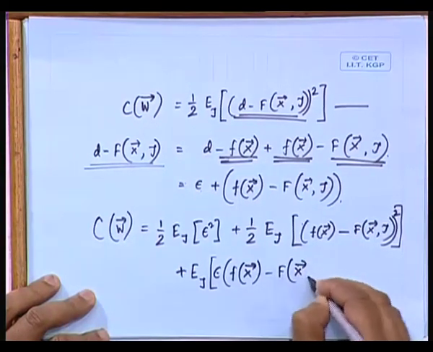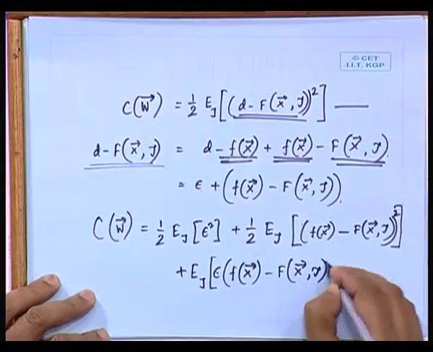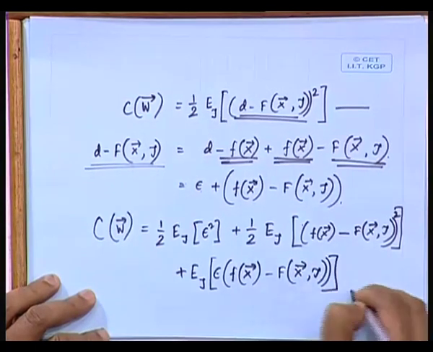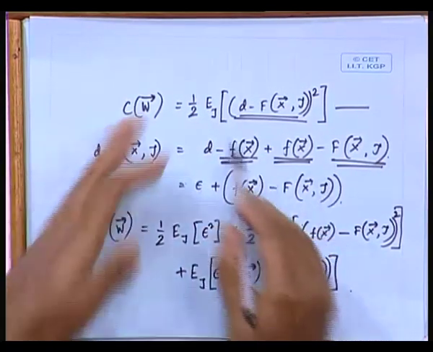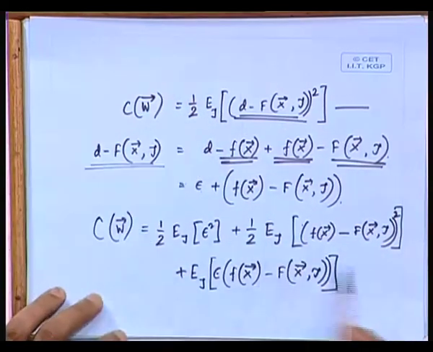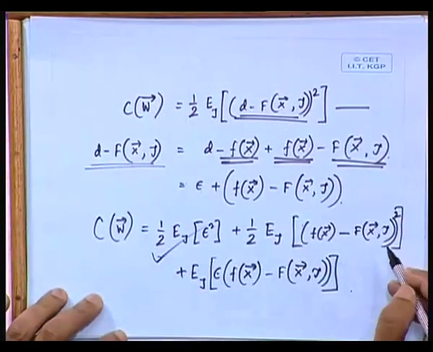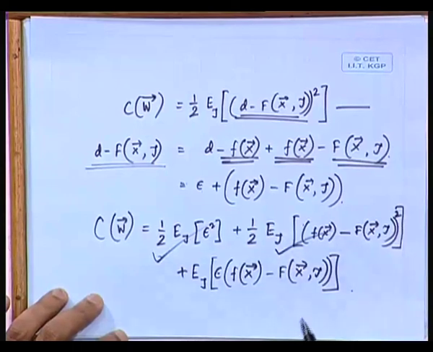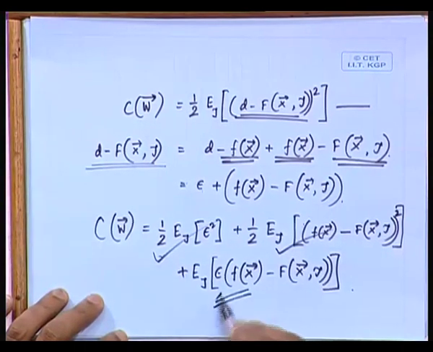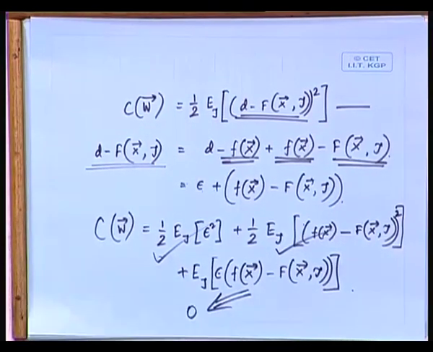This is the expansion that we are getting. This one is a term to be considered, this one is a term to be considered, and this one some students have felt should be equal to 0, and why, we will see in the next class.